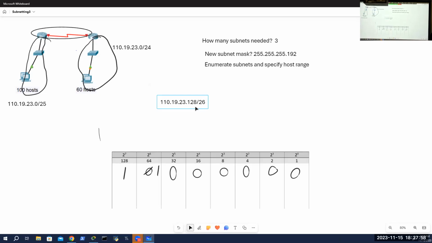So basically just add that 64 to your 128 to get your next subnet, .192/26. Okay, so now we've got these 2 subnets, and this first one up there, the .128, has 62 addresses.